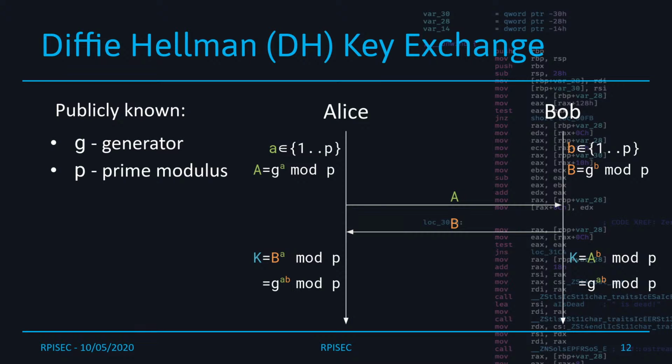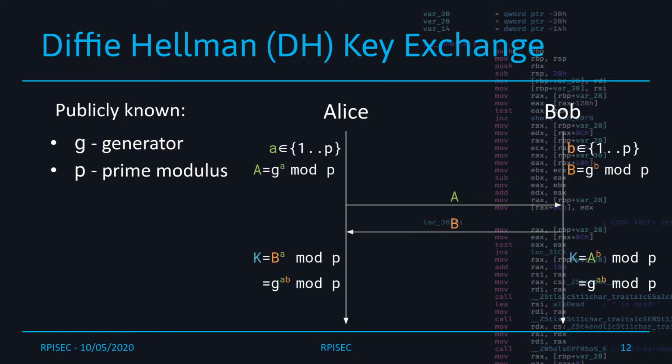Because B is equivalent to g to the power b mod p, raising g to the power b to the power a, due to the basic rules of arithmetic, will give her the value of g to the power of a times b mod p.